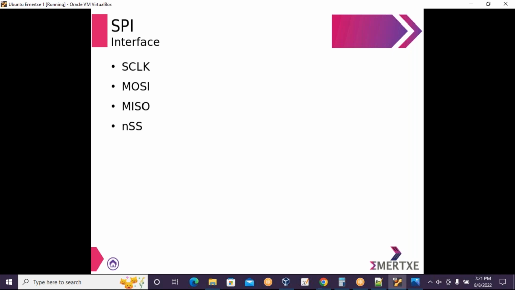Whatever names you see here, please remember them, as these names are given by the SPI standard. The Serial Peripheral Interface standard has given the names SCLK, MOSI, MISO and NSS, and you have to go with the same names. Different companies give different names.